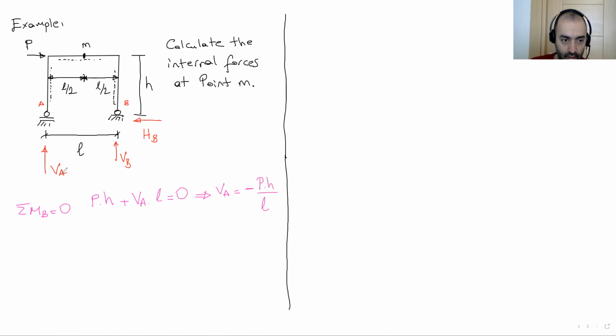Here you can see the direction is this one, which is actually opposite.